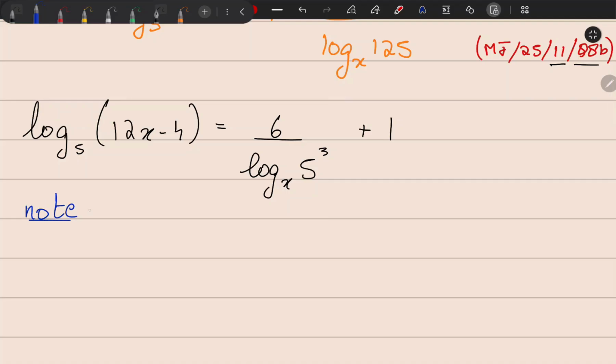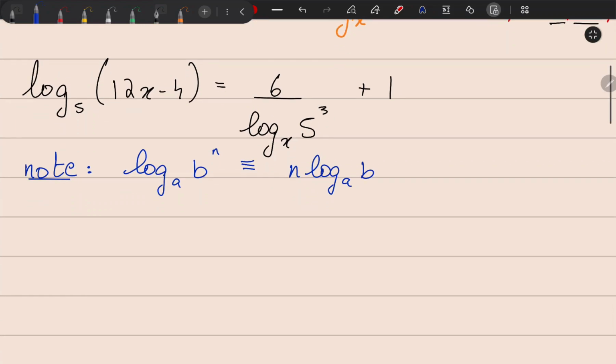Note that log base a of b to the power n can always be written as n times log base a of b. So what we're basically going to do is bring the 3 down and have the power of 5 be just 1.